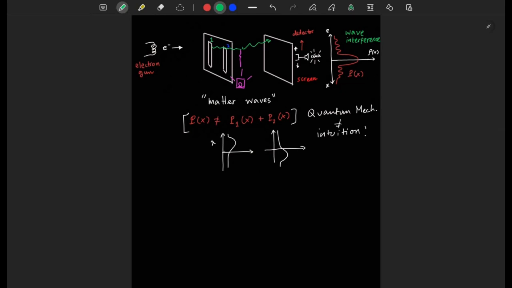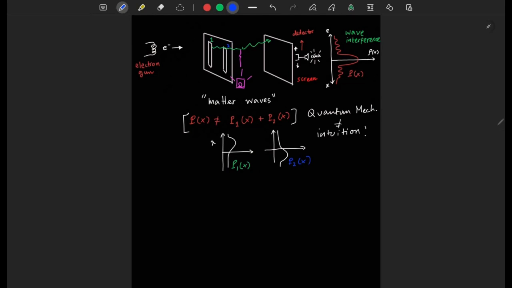This is the probability P1x, because anything emerging out of slit 1 is getting scattered near slit 1, so you get this kind of graph. And anything emerging out of slit 2 gives this kind of graph. Let's call that P2x.